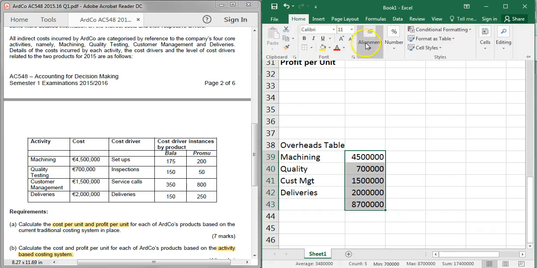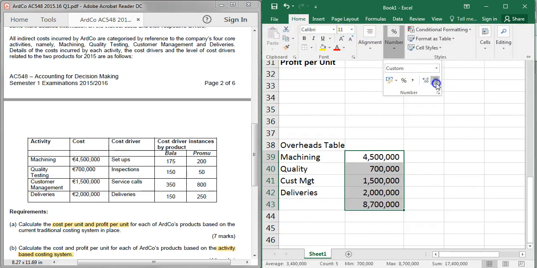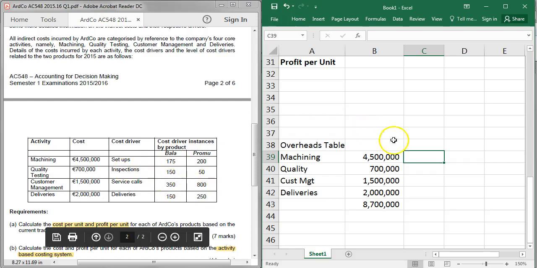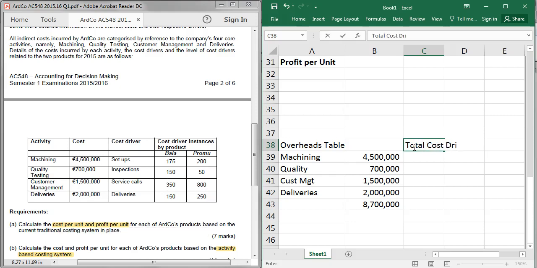So we're saying we're not doing a new figure, we're just getting it more accurate based on our allocations. And remember, what you're trying to do now is we're saying, well, what's the cost per setup? Or what's the cost per inspection? So that we're looking here for the total cost driver.